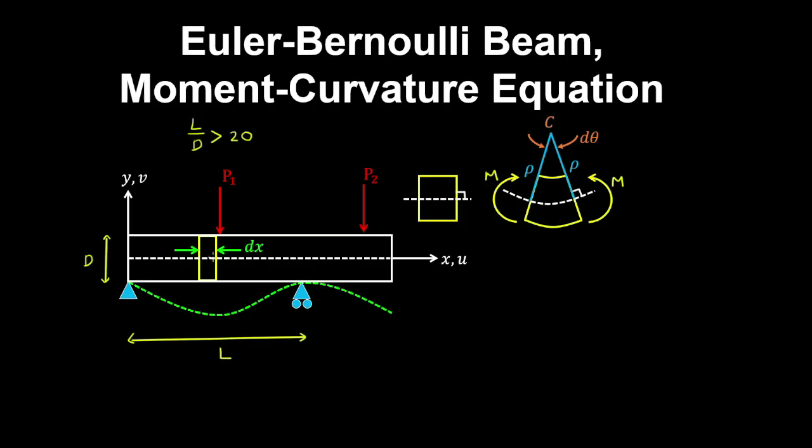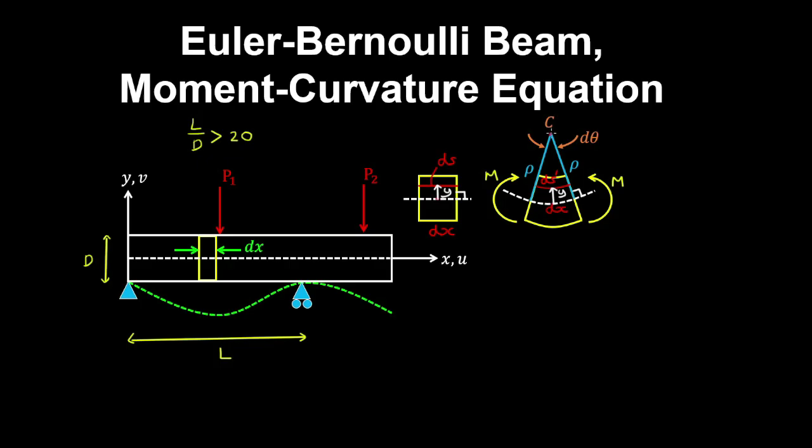And if we consider this cross section that has a width dx, then before deformation, if we look at a fibre above the neutral axis, then this here has a length ds. And after deformation, the neutral axis remains undeformed, so it has the same length, and the fibre that we looked at, that's at a distance y above the neutral axis, gets compressed in the top and has a deformed length ds dash.